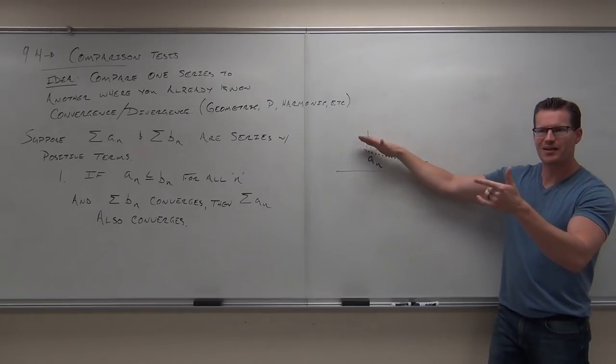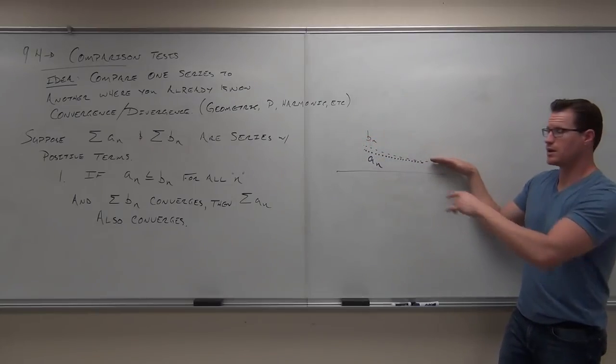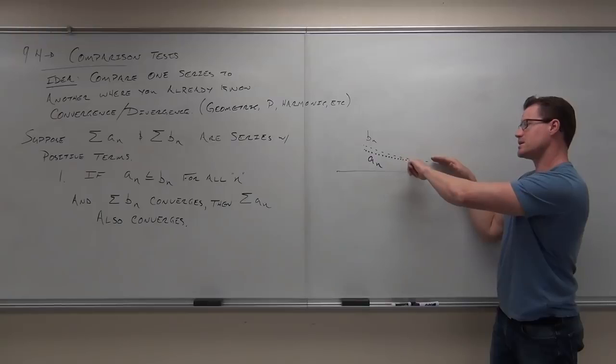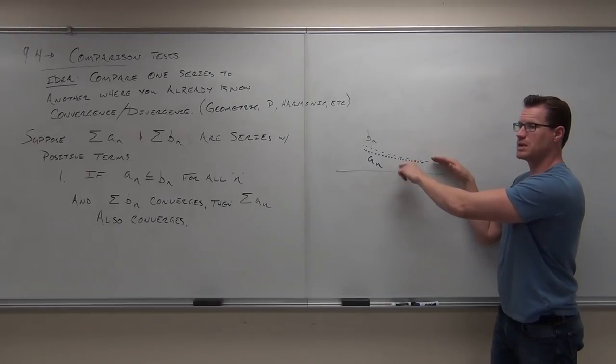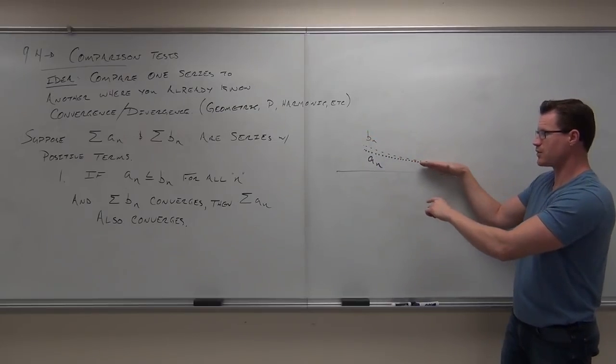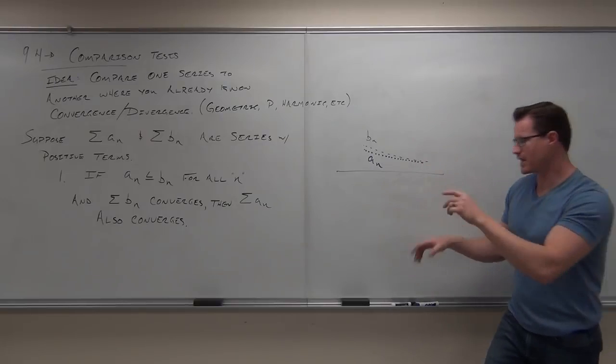We already did convergence, so let's talk about B sub n diverging. With A sub n being below it, does that show divergence? No. Where would A sub n have to be in order for B sub n to diverge, and A sub n must also follow suit and diverge? It's got to be above it. So that's our next case.